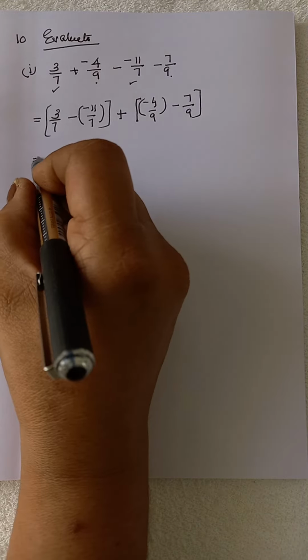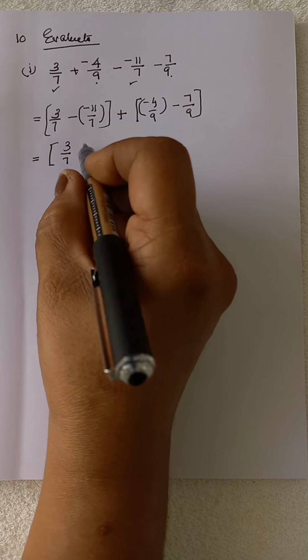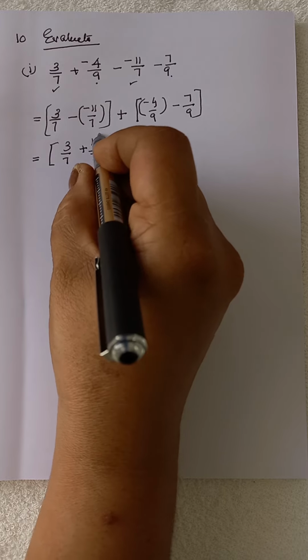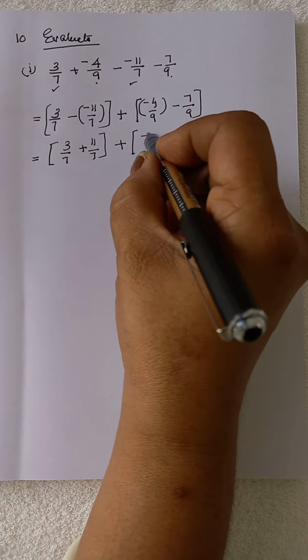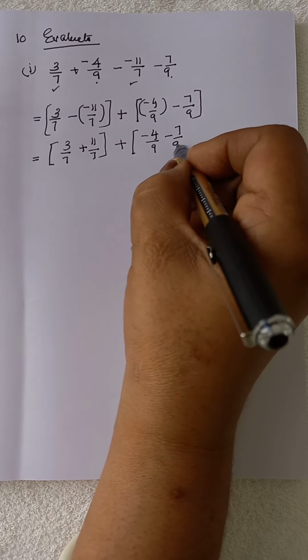Now this is equal to 3 by 7 minus into minus is plus 11 by 7. Now that plus minus 4 by 9 minus 7 by 9.